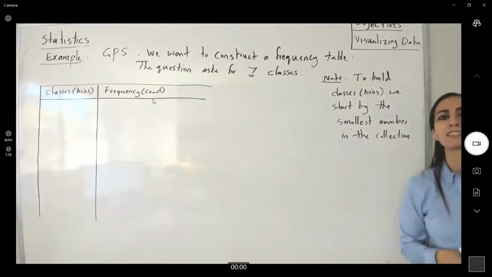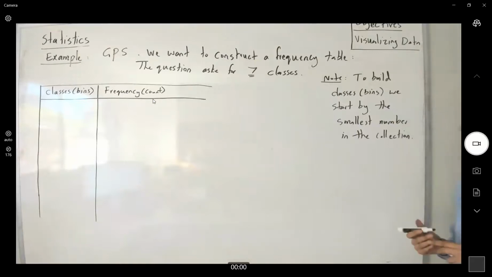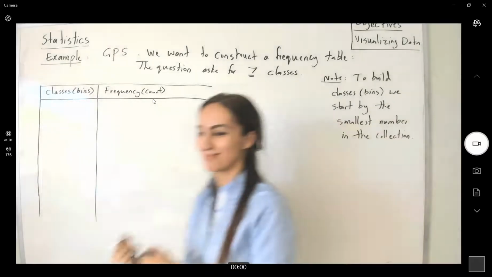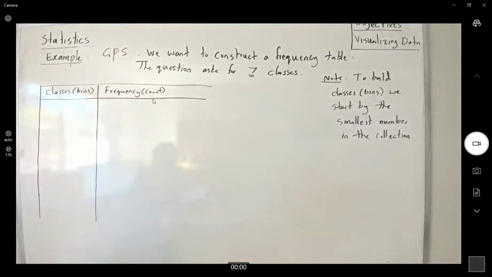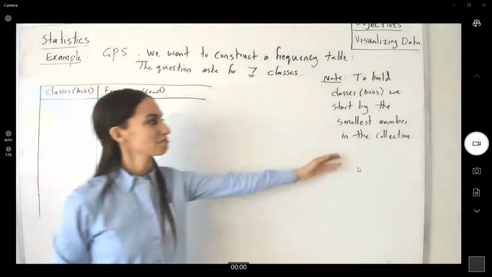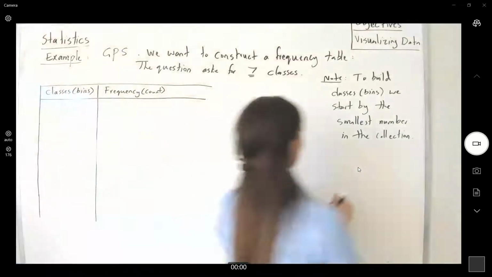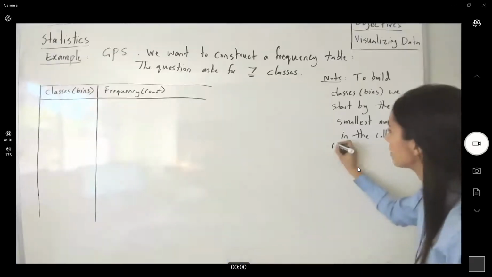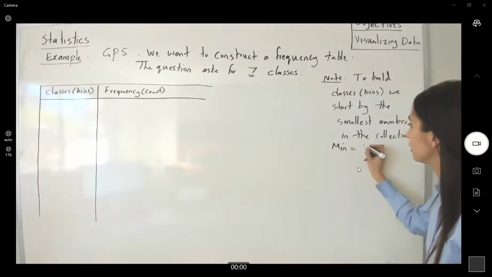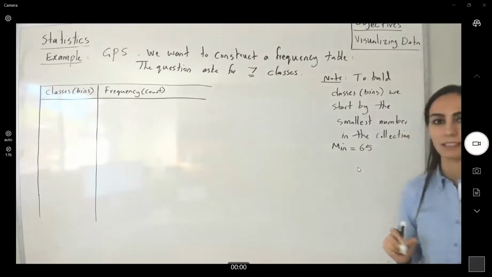So what is the smallest number in our collection? What do you see as the smallest number? 65. Thank you very much. So the minimum value in your collection is 65.